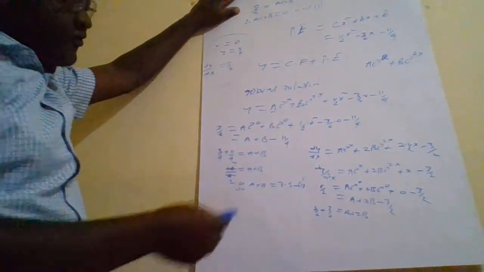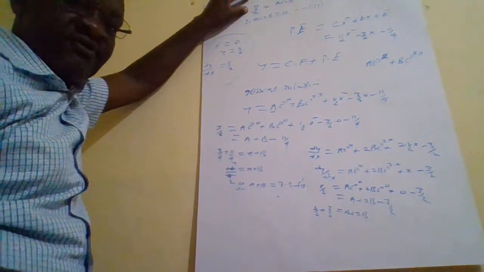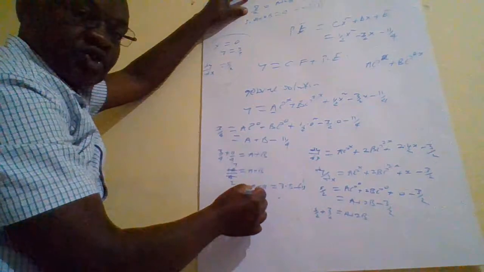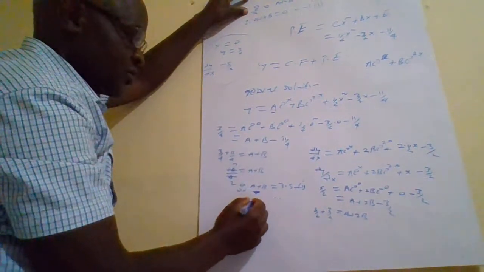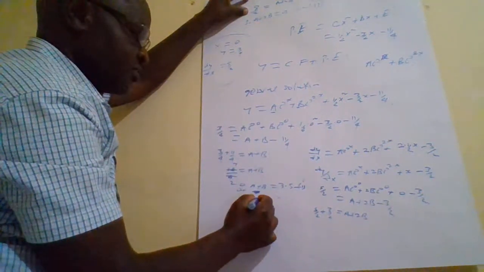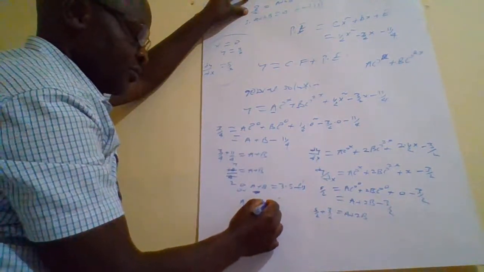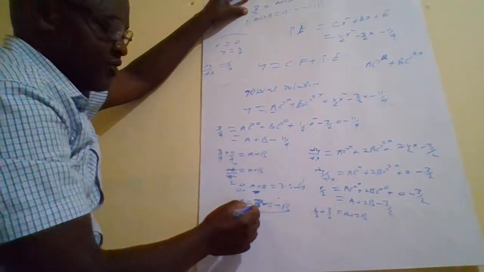So we can solve this equation and that equation simultaneously so that we can get the values of b and a. From equation 1, we can make a the subject. So a equals 3.5 minus b. So this is the value of a.